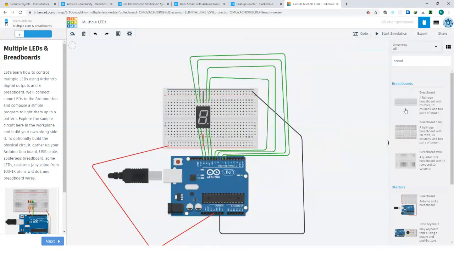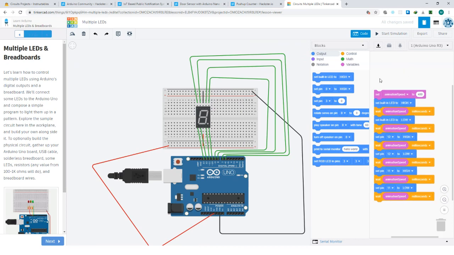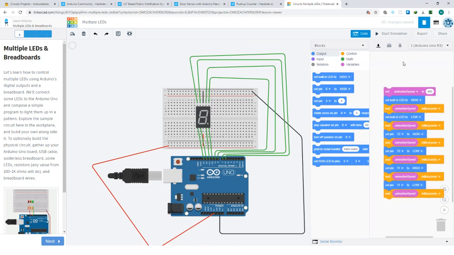So what we want to do next is to code. Now that we have connected it, we will want to code. I don't really wish that we use the block-based coding for now, because I know many of us are still new to Arduino.